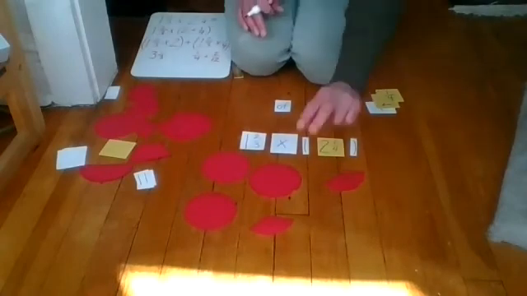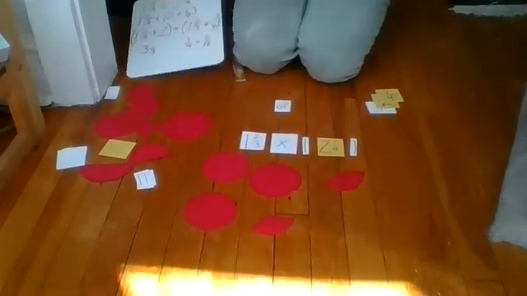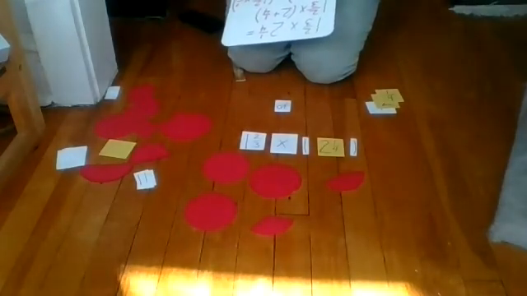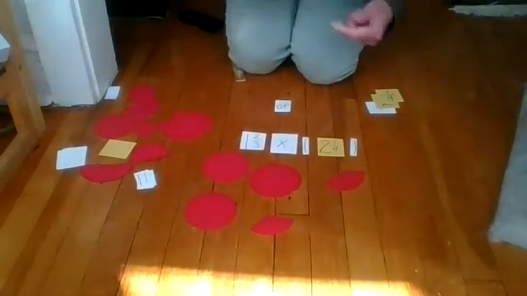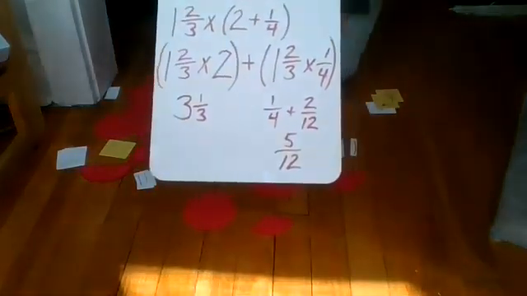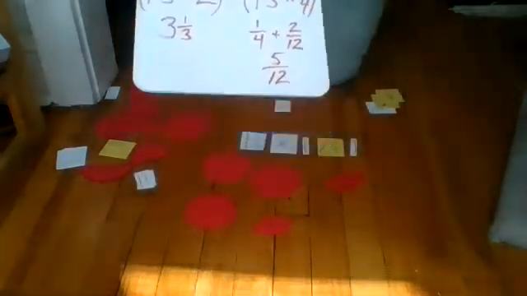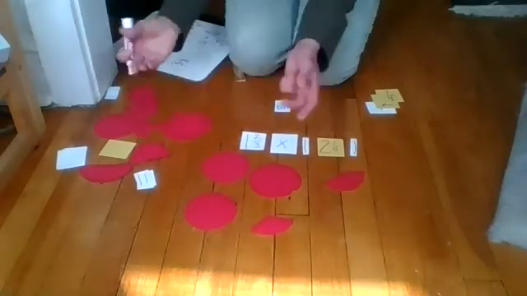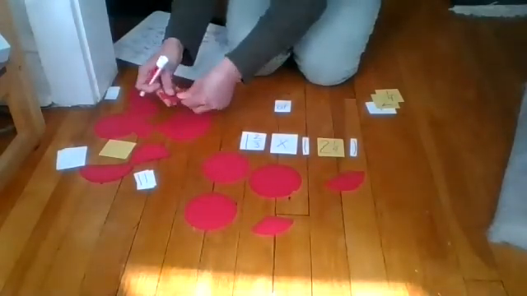All right, but we're going to change that. And I also know that I can change my 1/3 left over here into 12s. And we did that earlier. 1/3 is 4/12.